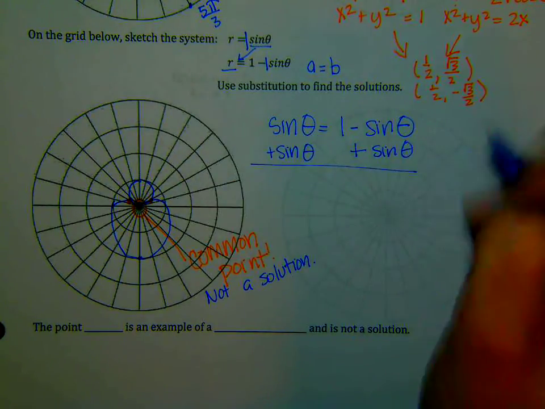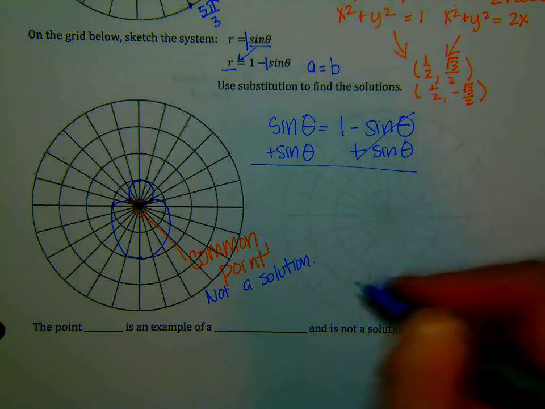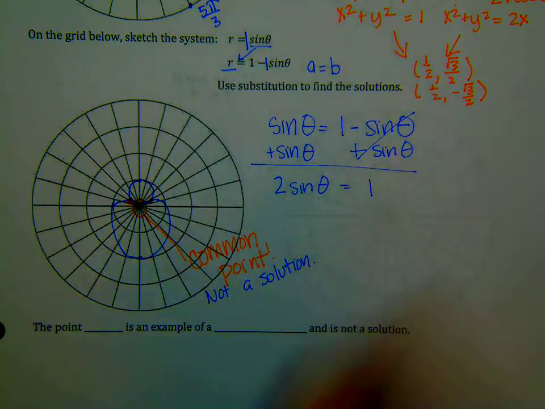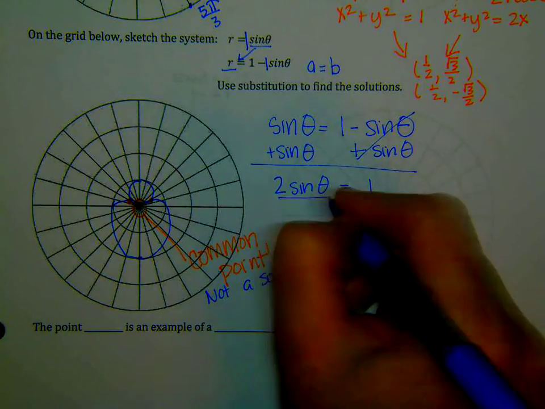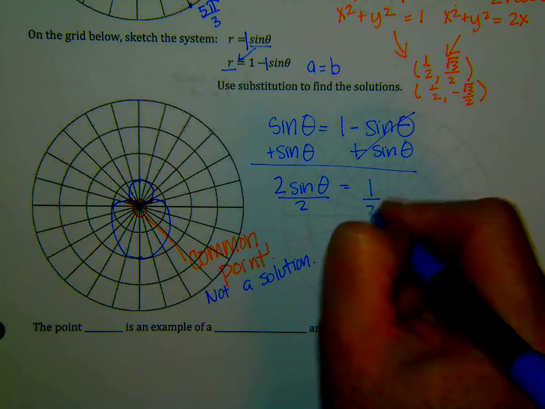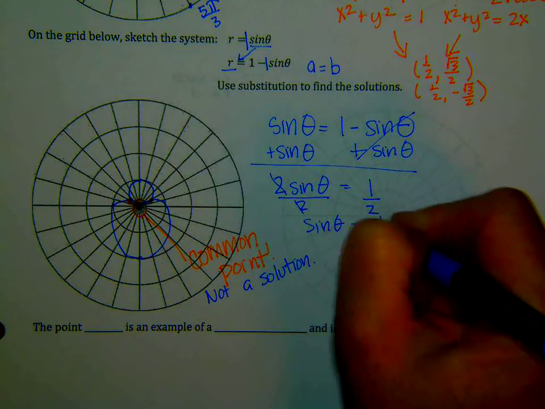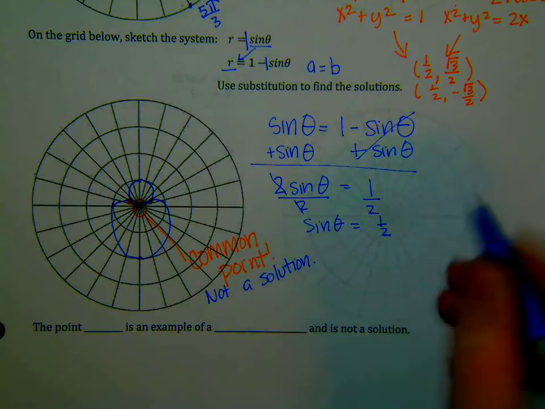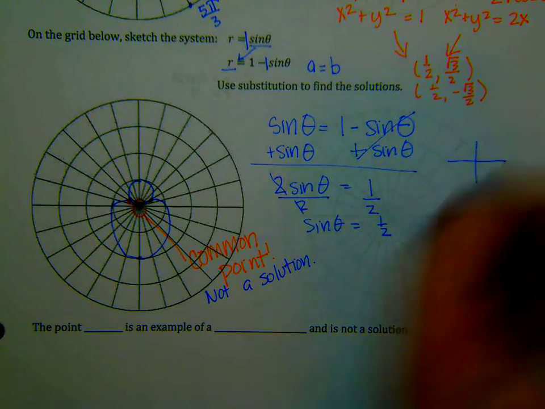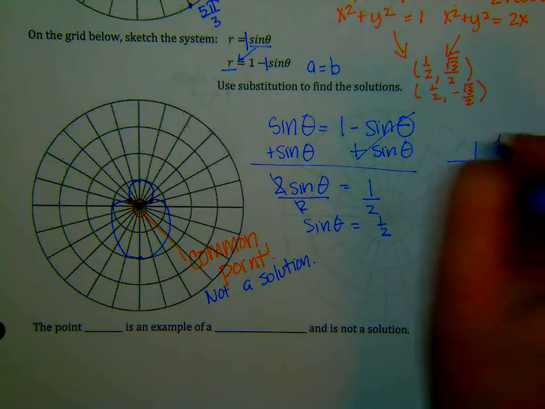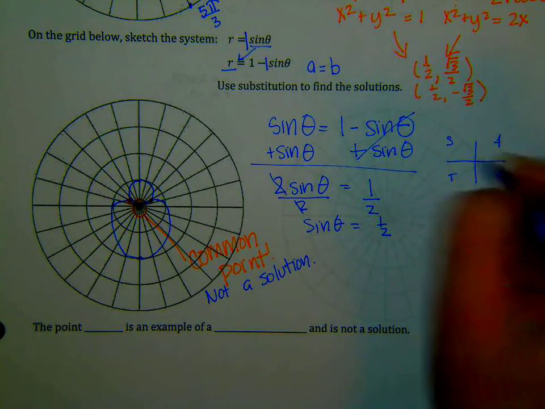These cancel, and I'm left with 2 sine theta equals 1. Trying to get sine theta, I'm going to divide by 2, and I get sine theta equals 1/2. Now I ask myself, just like I did before, for what values of theta is the sine positive? All students take calculus.